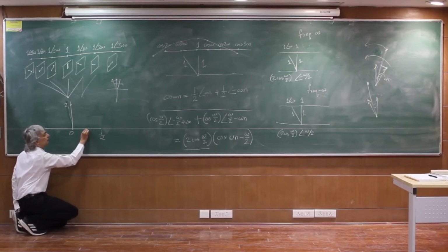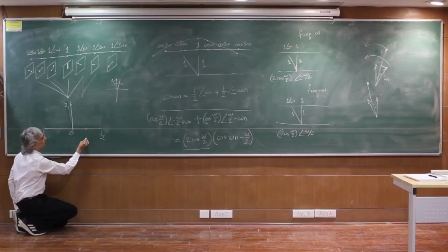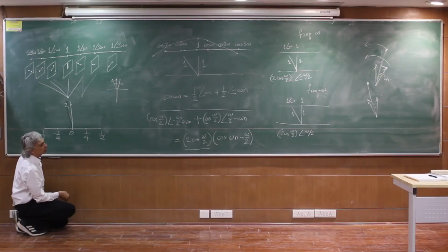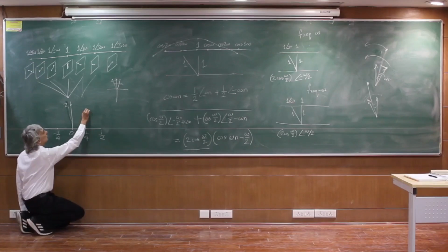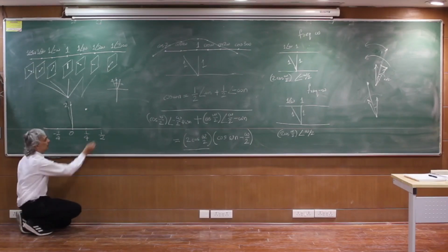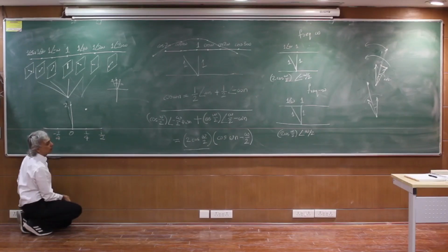Here you have 90 degrees, which is 1/4 turn. What is 2 cos 90 degrees by 2? Root 2. Is it root 2? 2 by root 2 is root 2. Yeah, okay. Root 2. Okay. And here you have 180 degrees.